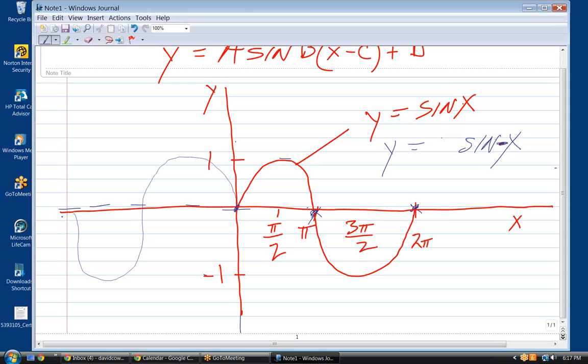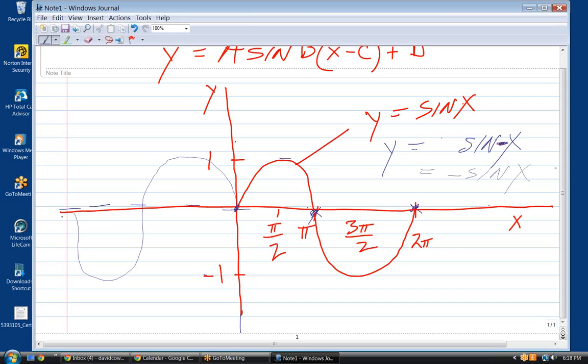And notice that I'm only drawing one period of each of these. Okay? Well, the sine function is an odd function, which means sine of minus x is equal to minus sine of x. So this technically is the same thing as minus sine of x.